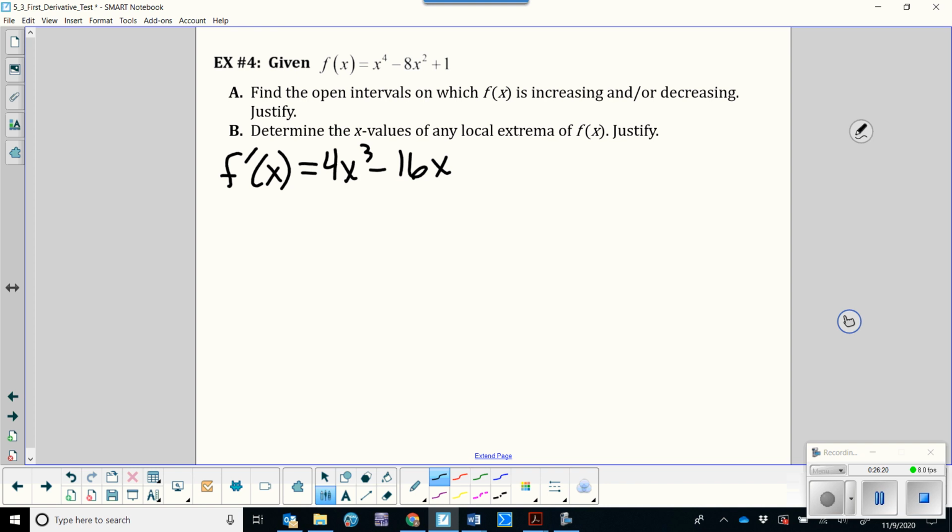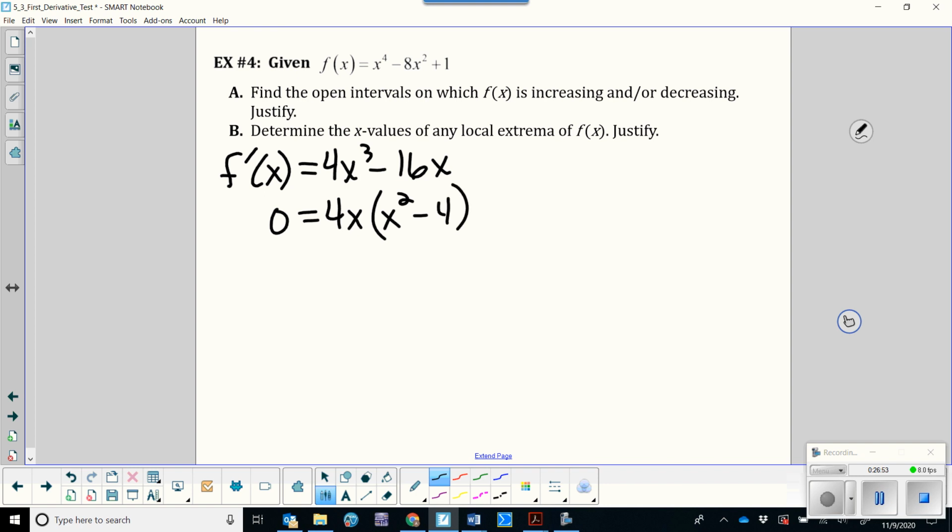All right, so anytime something says find out where it's increasing, decreasing, local extrema, relative extrema, absolute extrema, find the derivative, okay? Tangent lines, find the derivative. All those things tell me, first thing I need to do, find the derivative. Now, because it's asking for increasing, decreasing, and relative extrema, I want to know when this thing equals 0. So I'm going to set it equal to 0 as I factor out what we have in common.